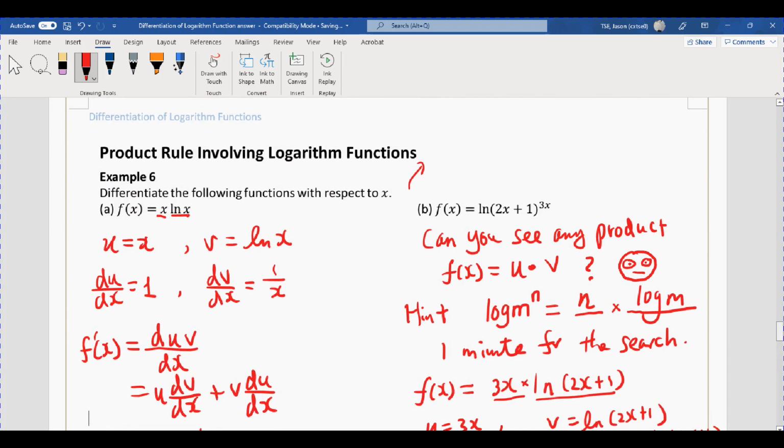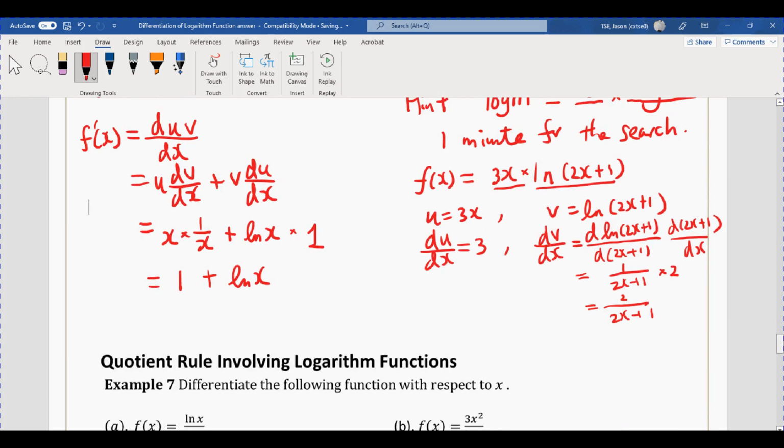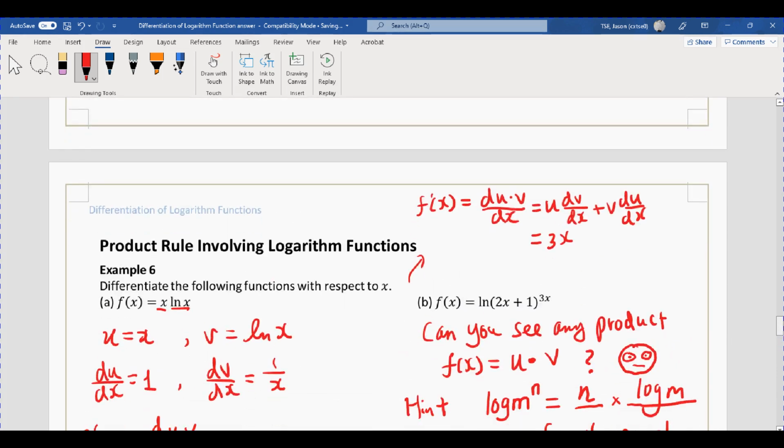Now if I'm going to do the derivative, it's u dv over dx plus v du over dx. My u is 3x. My dv over dx is 2 over 2x+1.